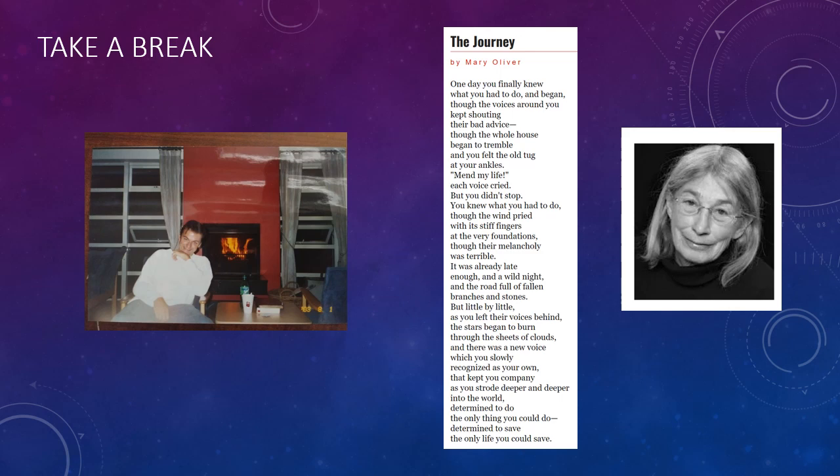So that's a really powerful poem to me, and this picture that you see on the left is me on the north coast of Ireland at a place called North Park Bay in Northern Ireland, actually. And if you ever get a chance to go there, this is a wonderful hostel that I stayed at on the top of a cliff in a very difficult time in my life. And in the middle of the night, I woke and felt compelled to go outside and to go to the beach, which was walking down the cliff.